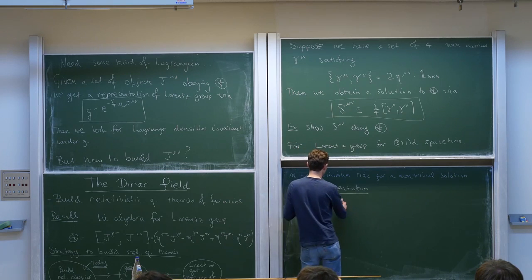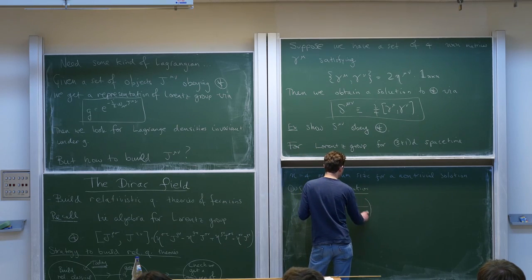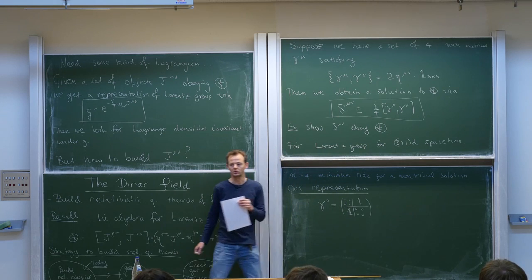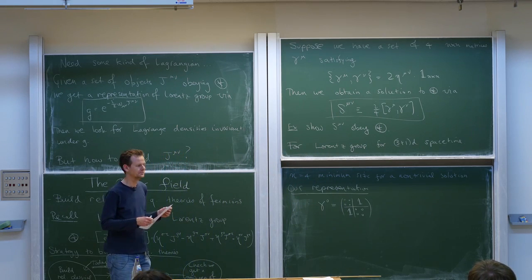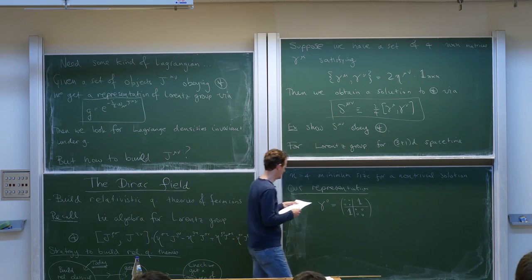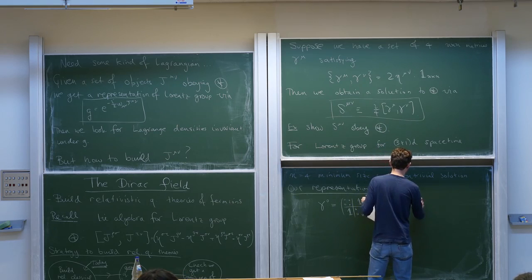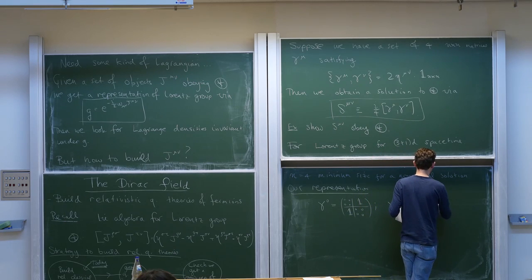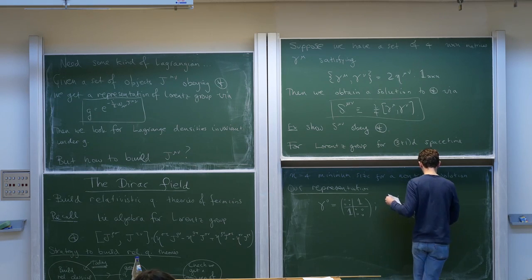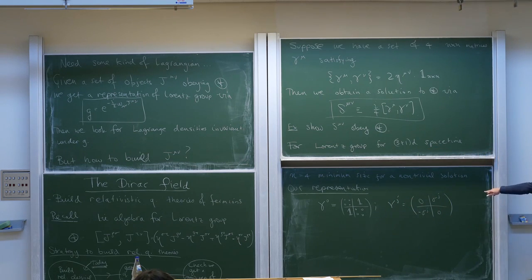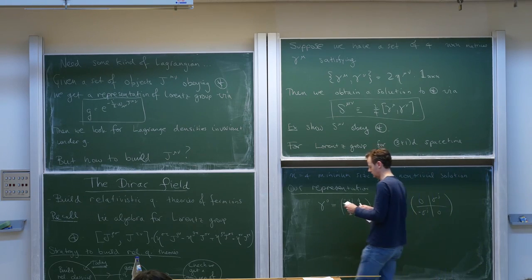We have one called gamma naught, and gamma naught is a 4 by 4 matrix with an identity here, and 0s everywhere else. That's gamma naught. That was easy. Then we come to the 3 more gamma matrices, which are given in terms of the Pauli sigma matrices, which I'll write out in 1 second.